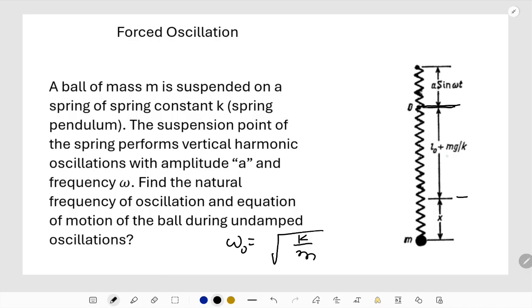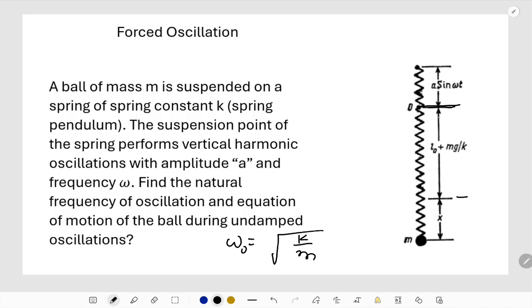L naught is the natural length of the spring, so this is L naught plus mg by k, that is the extension produced by putting the mass m on the spring. So after putting the ball of mass m on it, its length has been increased to L naught plus mg by k.